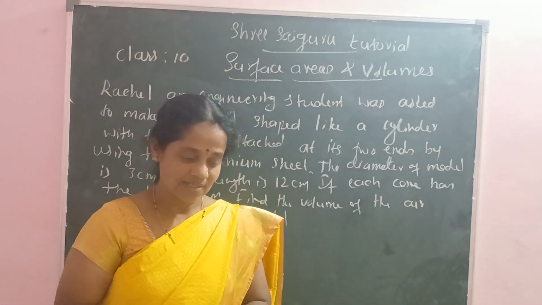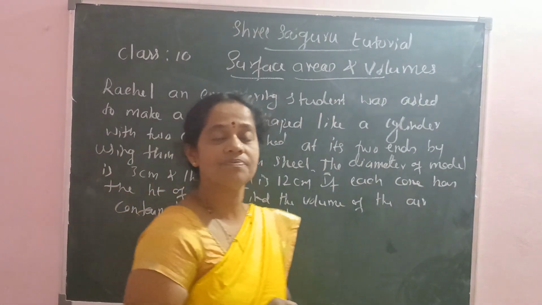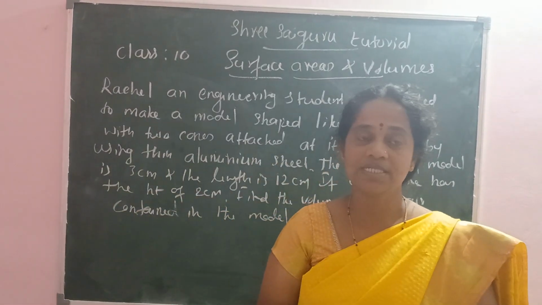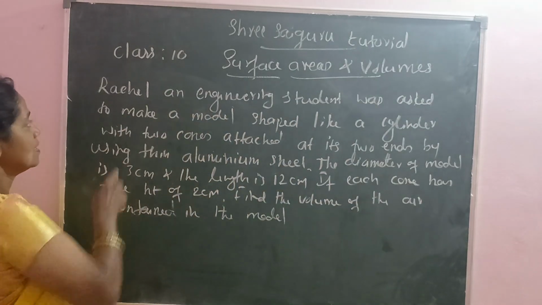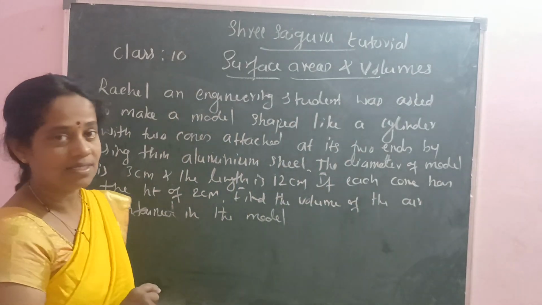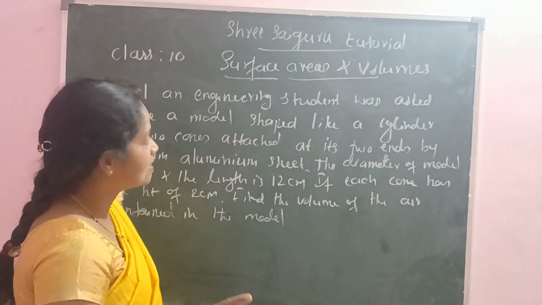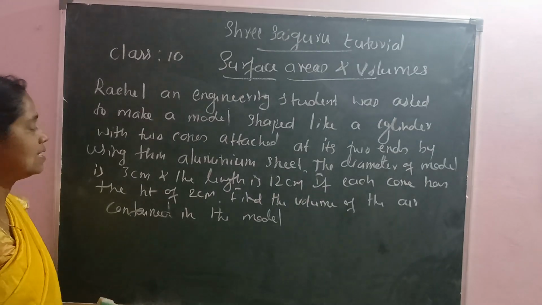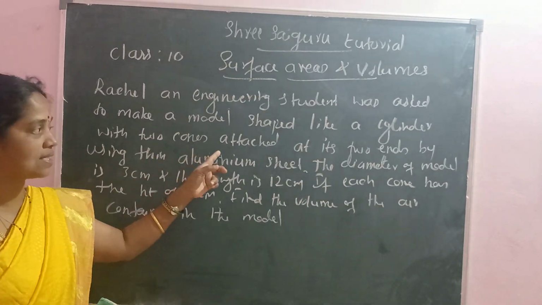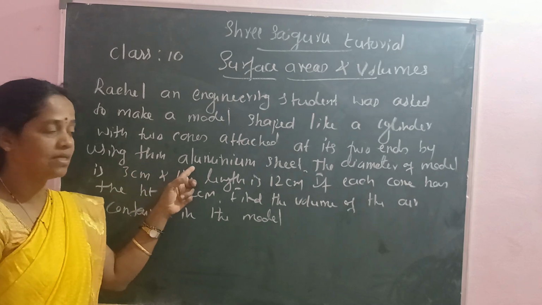Dear students, today we will discuss one more question from the chapter Surface Areas and Volumes, class 10th standard. The question is very lengthy. What is given here? Rachel, an engineering student, was asked to make a model shaped like a cylinder with two cones attached at its two ends by using thin aluminum sheet.